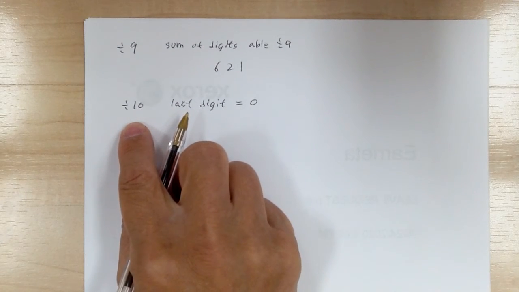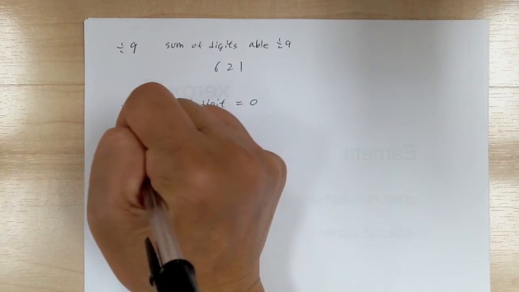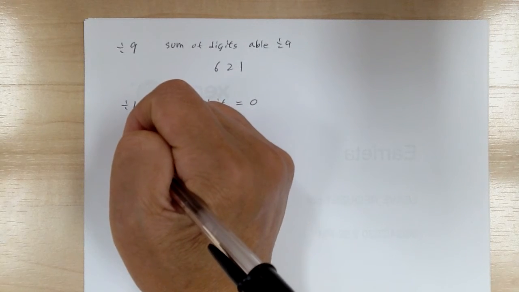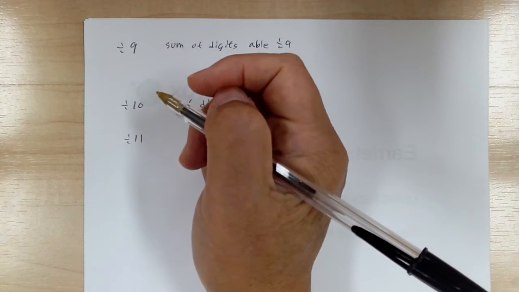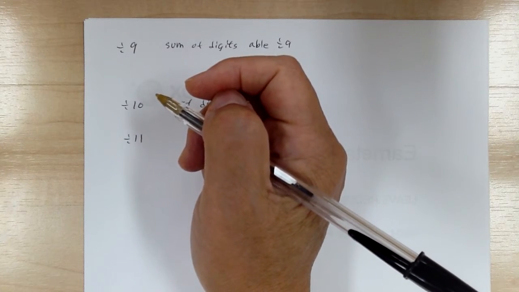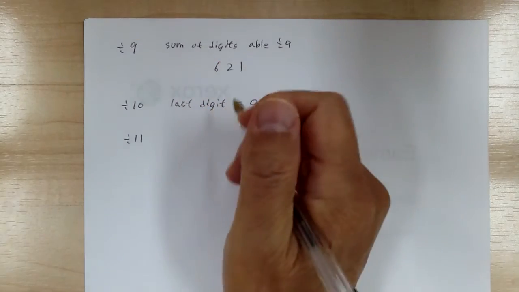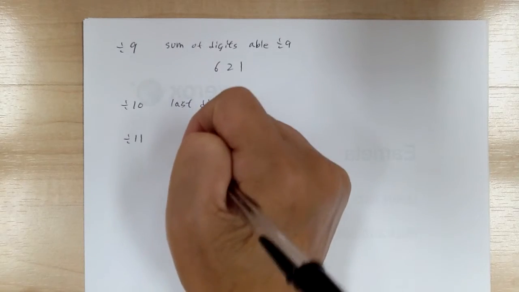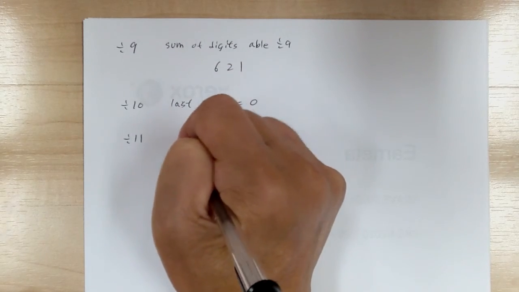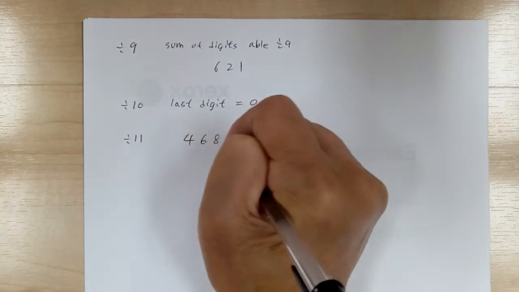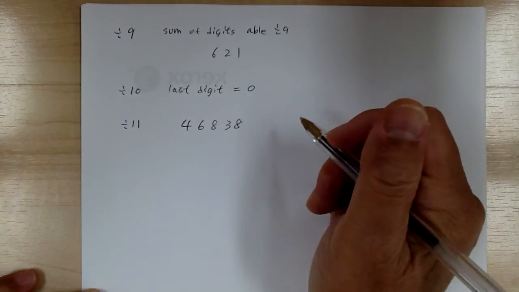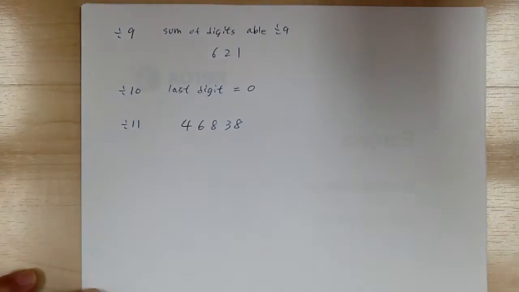Now divisible by 11, okay, so let's use an example. It's a bit hard to explain. So let's say you have 4, 6, 8, 3, 8. What you do is sum up the alternate digits.